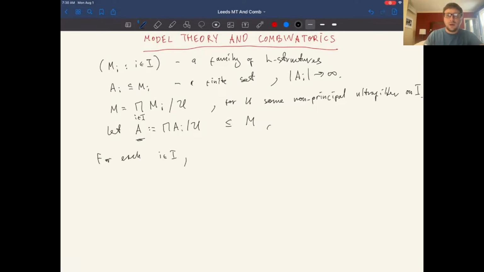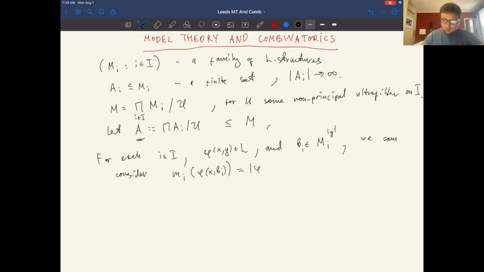So for each i and formula phi(x,y) in L, and a parameter b_i, an element of the model M_i, where it corresponds to the variable y, we can consider the number. We can take |phi(M_i, b_i)| to simply be the cardinality of the set of elements inside M_i which satisfy this formula.